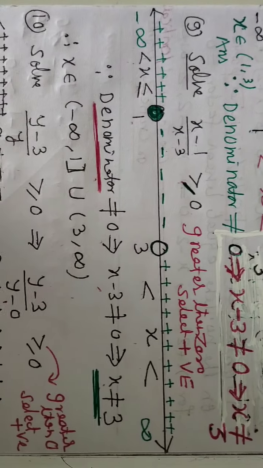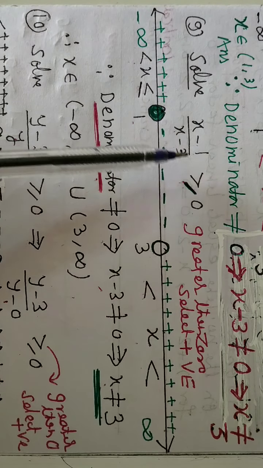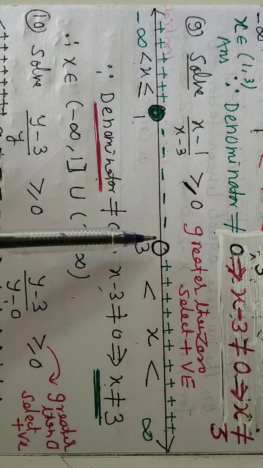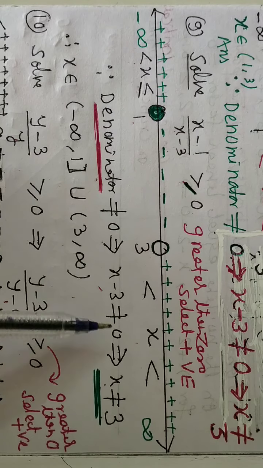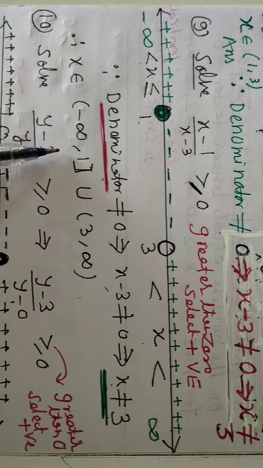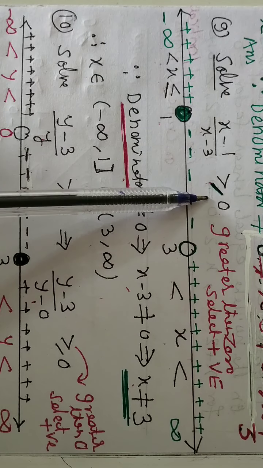Next, 9th number. Solve with the equality sign. Equality means you have to take the two terminal points 1 and 3. 1 has to be taken, 3 has to be taken. But remember that the denominator is not 0, so we are not supposed to take this 3. So we cannot take 3, and this is your answer. But you have to take greater than 0, means positive values.